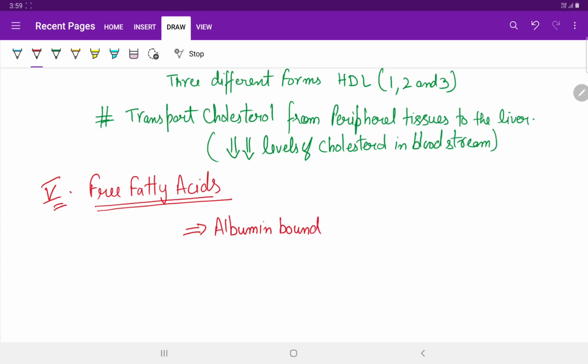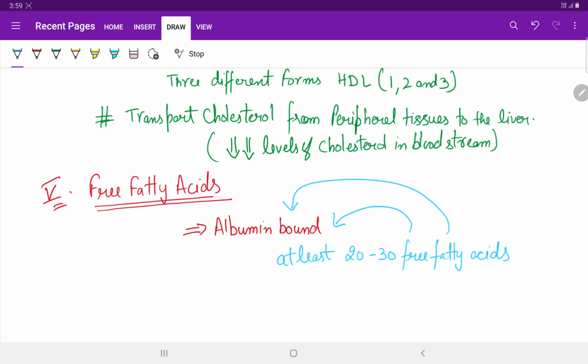Each molecule of albumin can hold about 20 to 30 molecules of free fatty acids. So at least 20 to 30 free fatty acids are bound to albumin. The lipoproteins cannot be separated by electrophoresis.